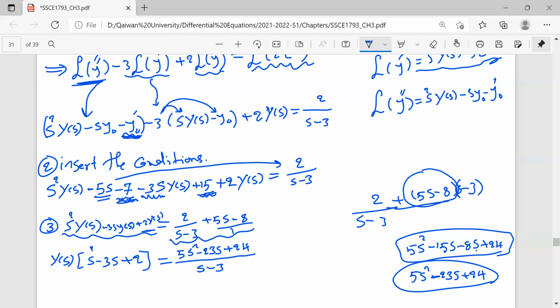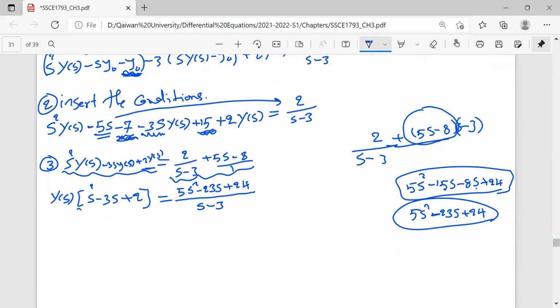Now, we should leave y of s alone in the left-hand side. We divide both sides by s squared minus 3s plus 2. So y of s equals 5s squared minus 23s plus 24 dividing by s minus 3, s squared minus 3s plus 2.